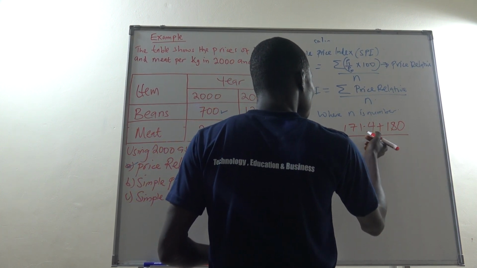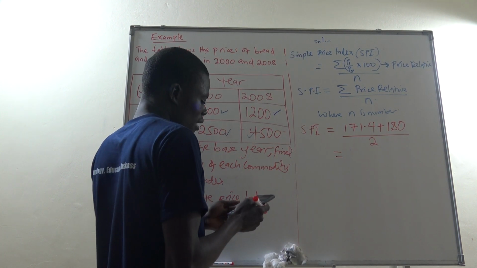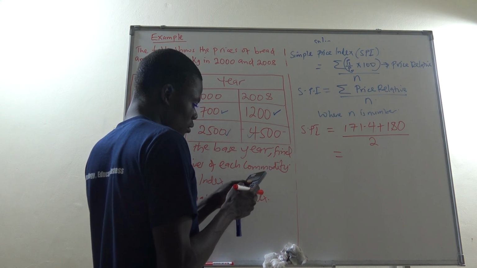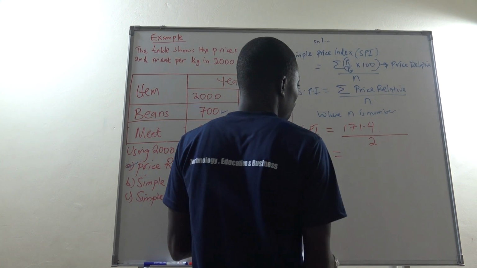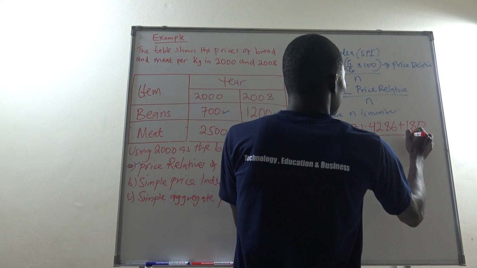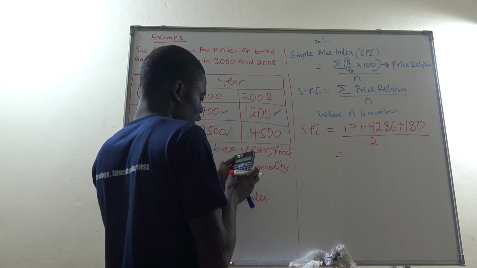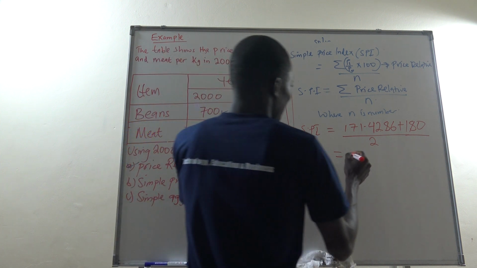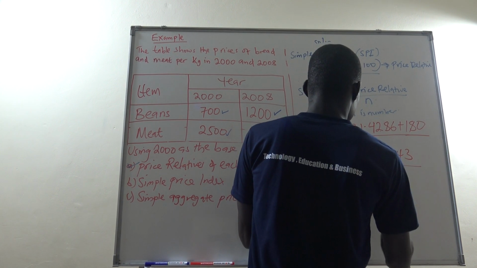So 171.4286 plus 180, divide by 2, we get 175.714. That's our simple price index.